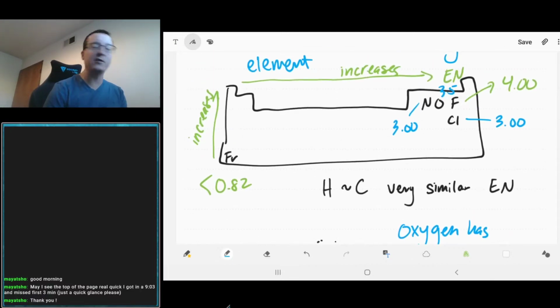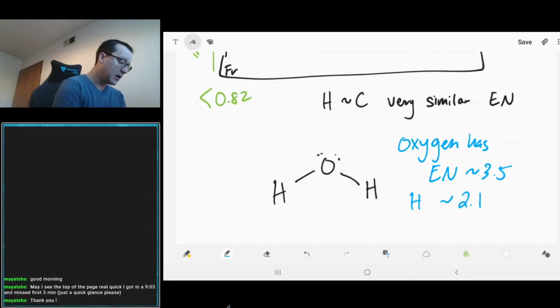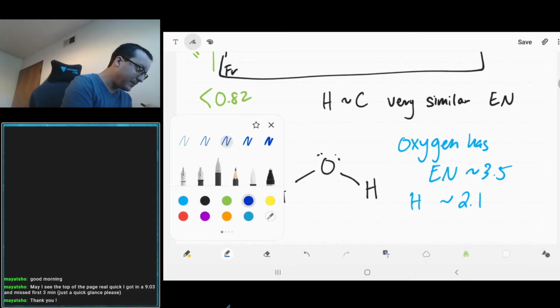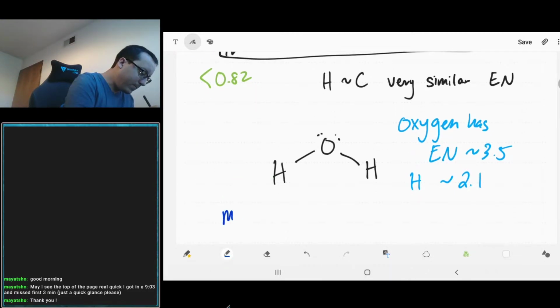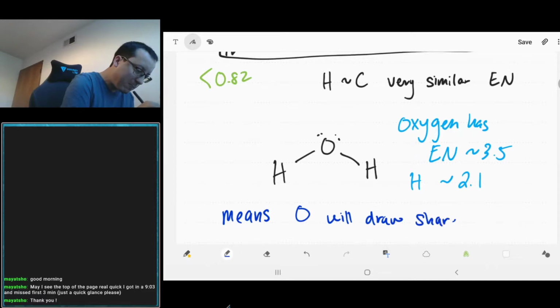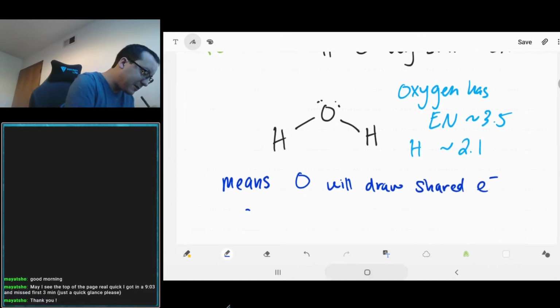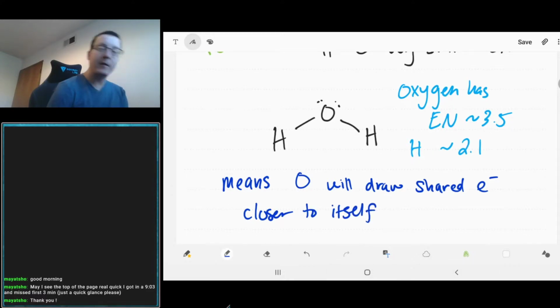Of course, you can see oxygen is definitely more to the right on the periodic table, so it should be more electronegative, which it is. We're going to see that that means oxygen will draw shared electrons closer to itself.